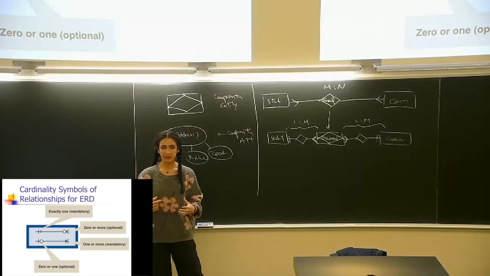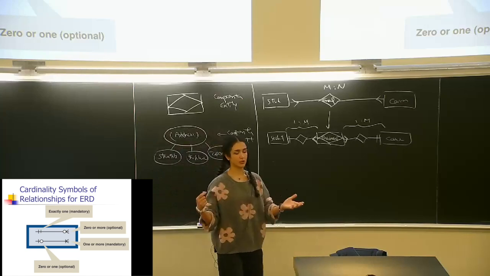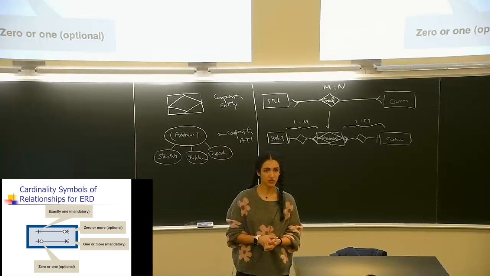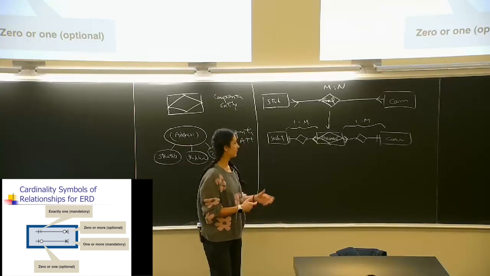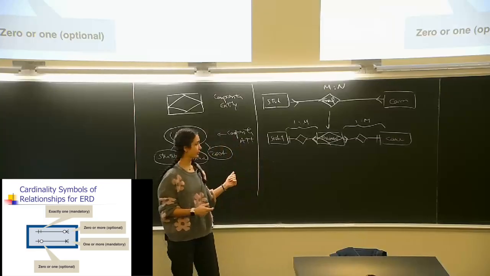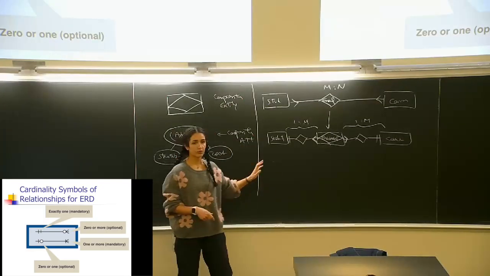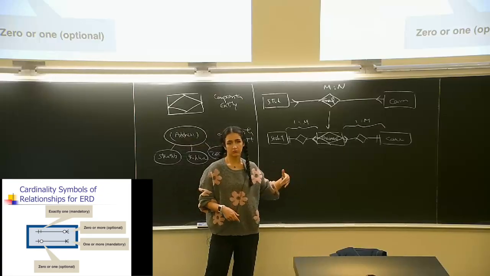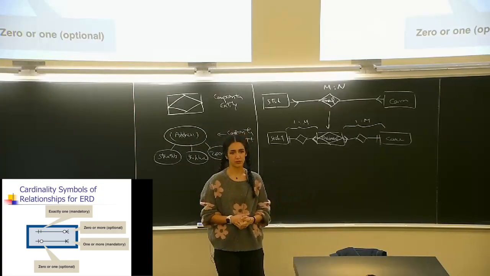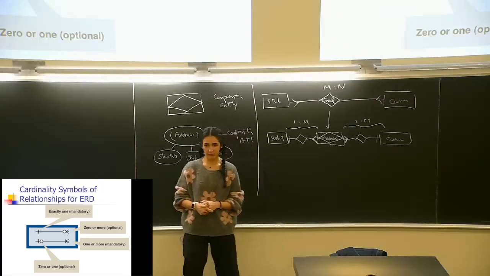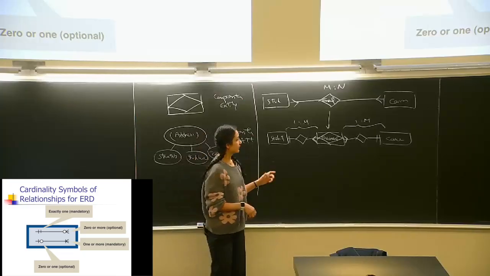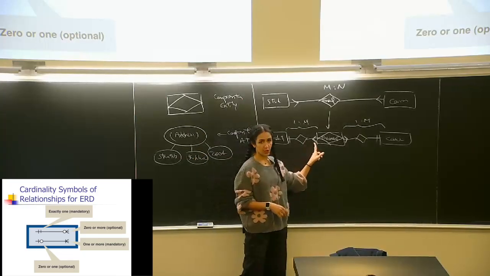Yeah, so it depends on your case and your assumptions, right? Let's say, for example, at York, we can have students that do not enroll in any courses in a specific semester, right? And if that's the case, it means that this is optional.